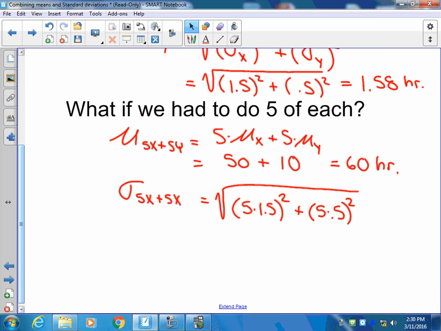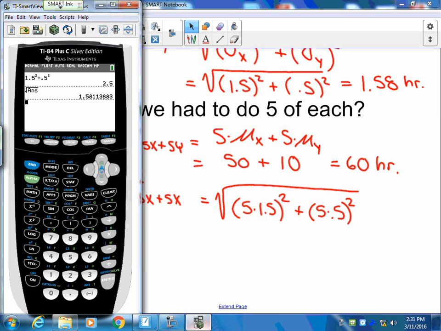Okay, so we're working through dealing with that calculation. So we've got 5 times 1.5 quantity squared. Okay, that was the adjusted standard deviation. We're squaring that to turn it into a variance so we can add the values.